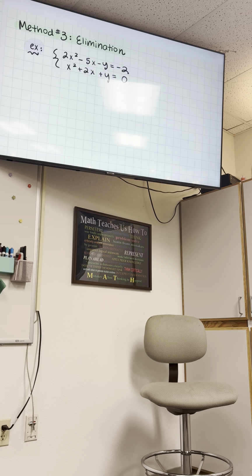Now, just like with substitution, your goal is always to get rid of y. So we're not going to get rid of x squared or x, because even if you were to eliminate x squared here, then you'd still have an equation that had both x and y, and that's not helpful. So the goal always is to eliminate y.